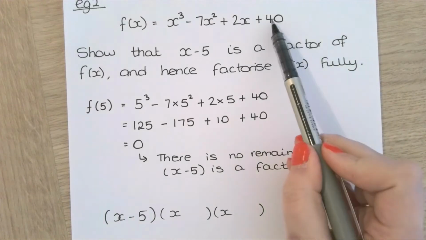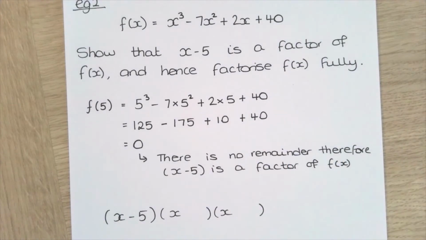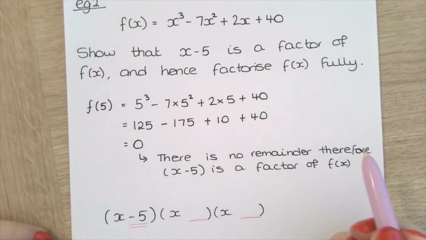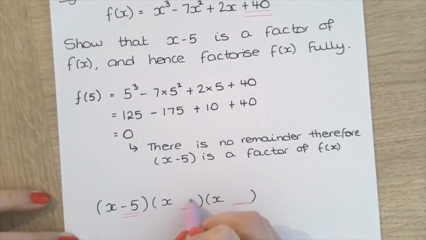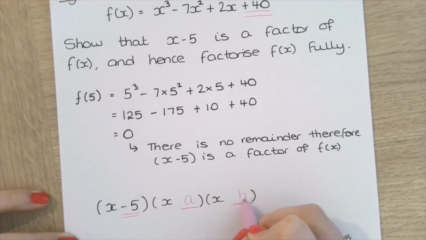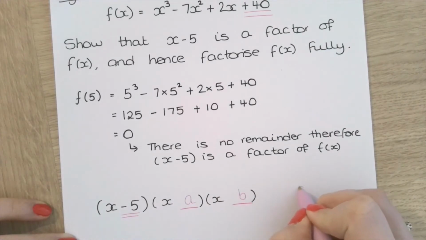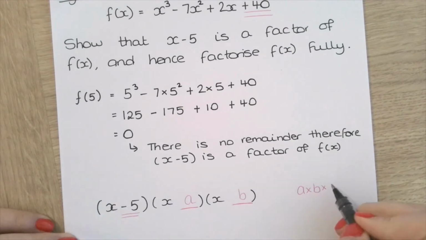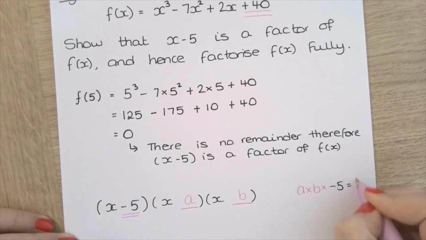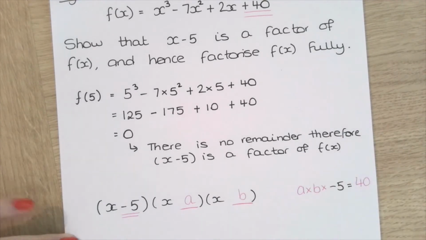Now what I need to think about is these two numbers that go here are going to have to multiply with that negative 5 to make 40. Therefore, if I call this A and this B, A times B times negative 5 must be equal to 40.